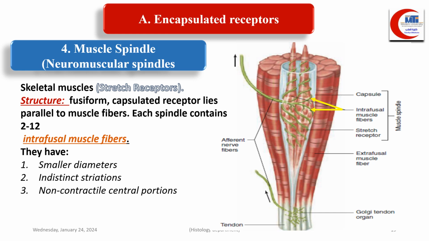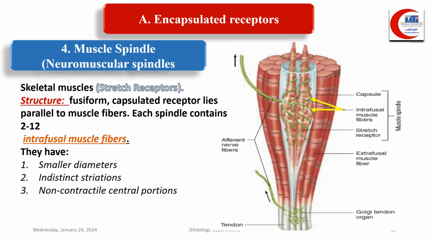This is a section in skeletal muscle fibers. In between the ordinary skeletal muscle fibers there are intrafusal muscle fibers which form the muscle spindle. These fibers which are present in the center are surrounded by a connective tissue capsule, so it is an encapsulated receptor.